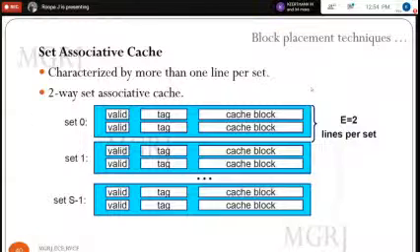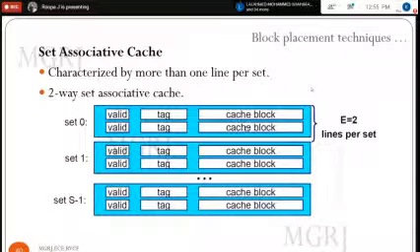In case of direct mapping, there was no option at all, right? If I had to bring some block from the main memory, there was only one block. If that block was free, you could bring it. If that block was not free, it had to wait for swapping the data. But in this case of two-way set associative, one block of main memory can be brought to either the first block or the second block based on the availability.